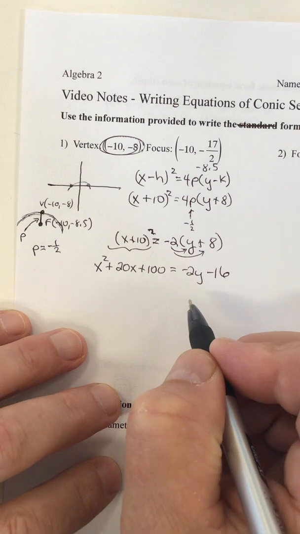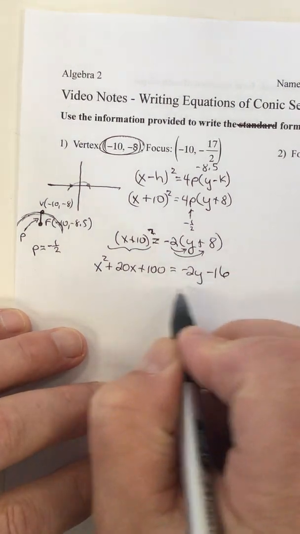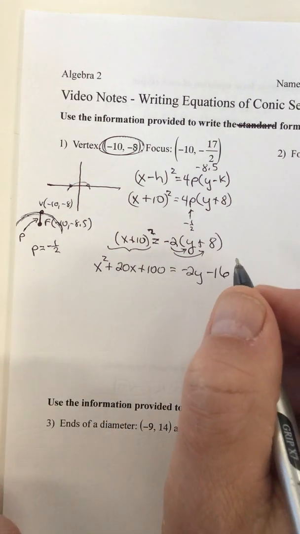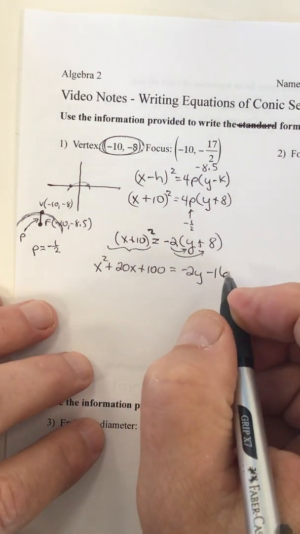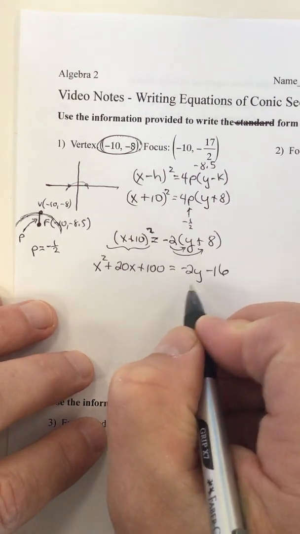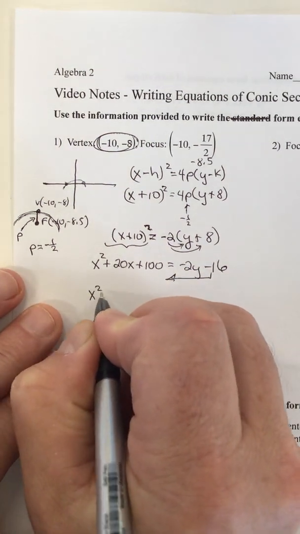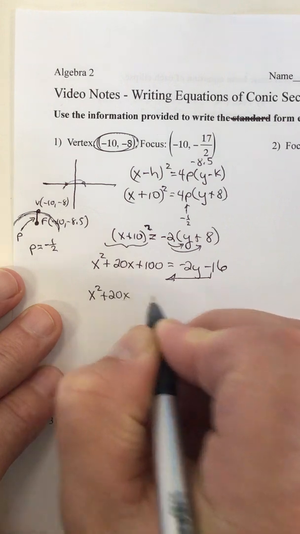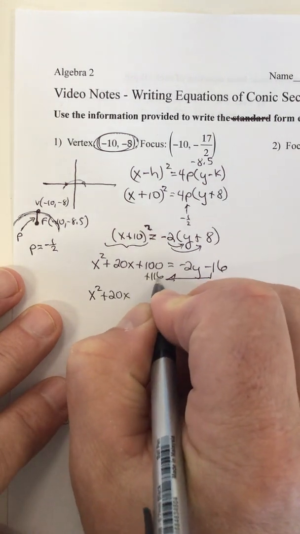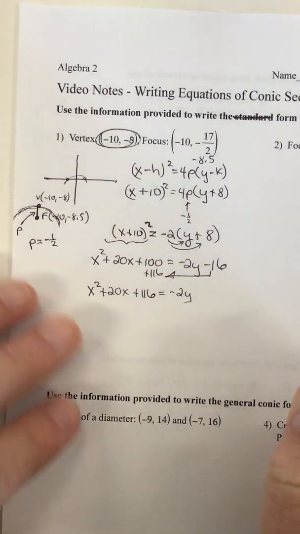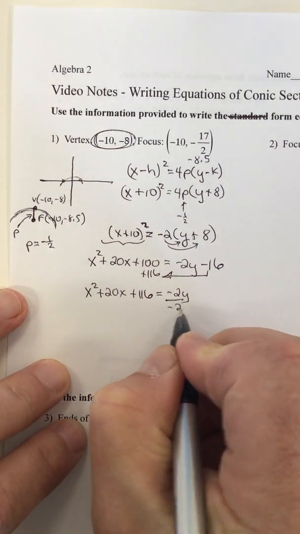That's what general form is. I had to think about that for a second. This one would be solved for y so that we could put it in our calculator. So first of all, I move the 16 to the other side. Now we have x squared plus 20x plus 116 equals -2y. And I'm going to divide everybody by -2.